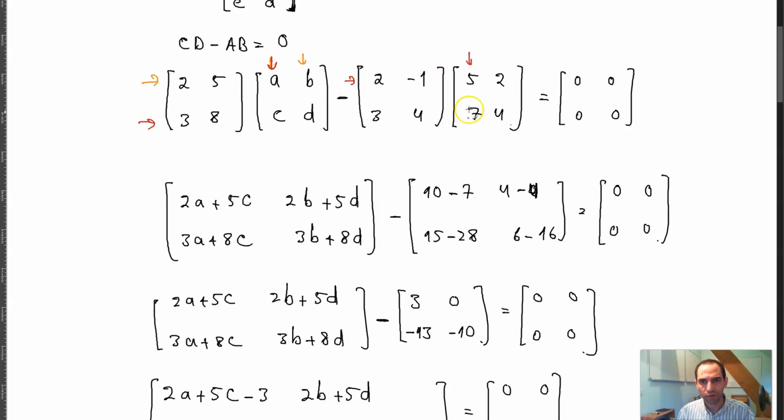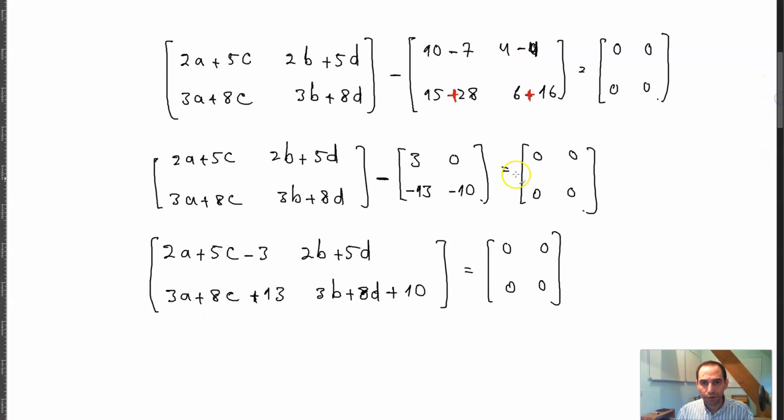I get 2 times 5 is equal to 10 and -7, and over here 2 times 2 is 4 minus 4, and over here 3 times 5 is equal to 15, 4 times 7 is equal to 28, that is a positive 28, and 3 times 2 is equal to 6, and 4 times 4 is 16. I don't know why I had written negatives here.